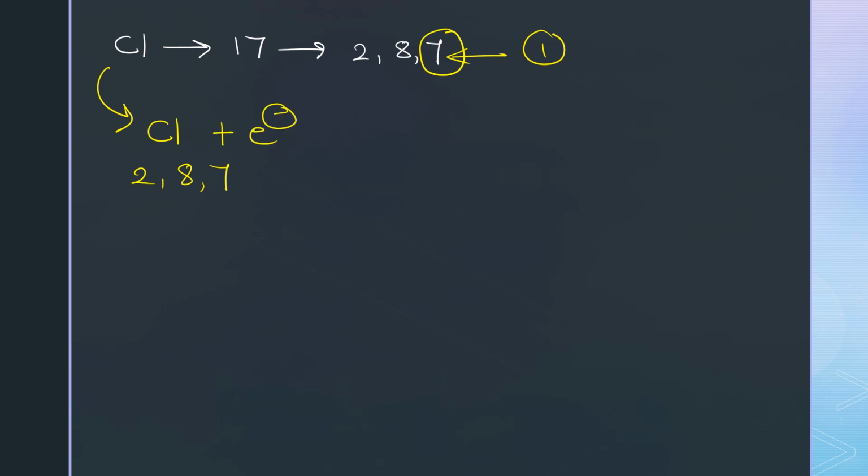For accepting one electron, it will get a minus charge, and the electronic configuration will be 2, 8, 8. Here it is 2, 8, 7, but it becomes 2, 8, 8 by accepting one electron. So we got Na plus and Cl minus, these two ions.